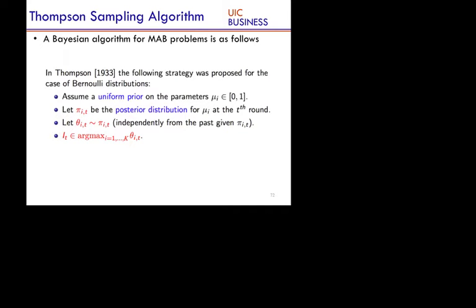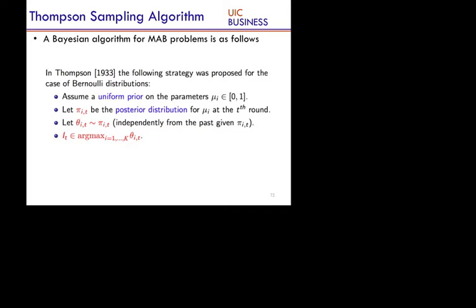So a very simple strategy. In the Bayesian point of view, we always maintain priors and posteriors. Once we get data or evidence, we update our prior distribution over the parameters. In the case of Bernoulli distributions, there is one parameter per distribution, which is the bias. We update our posteriors of this bias given whatever evidence we've seen till now, written as pi I subscript t at time index t.